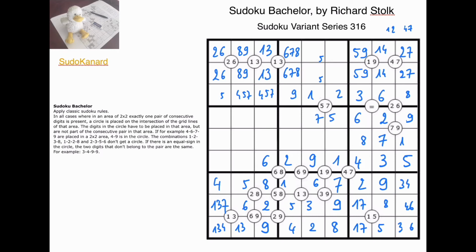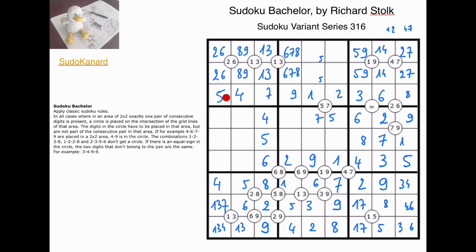Up there we get this 5. And a 4-7 pair. Here we need 4, 7, and 5. And because of this, that's a 4, that's a 5. This one is a 7. Now, is there something to do?